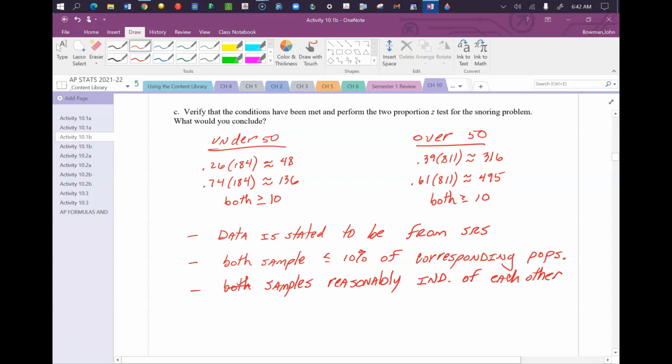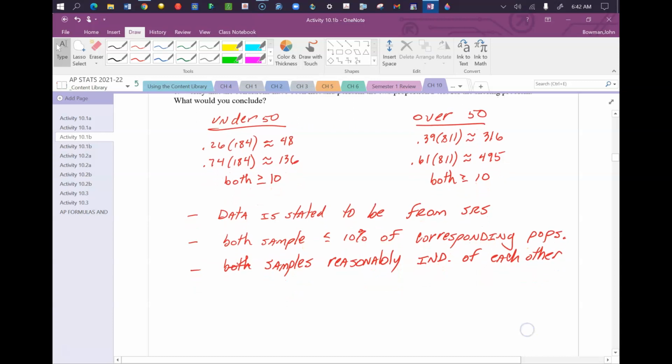And remember, this last condition is the added condition when we're talking about inference for differences.